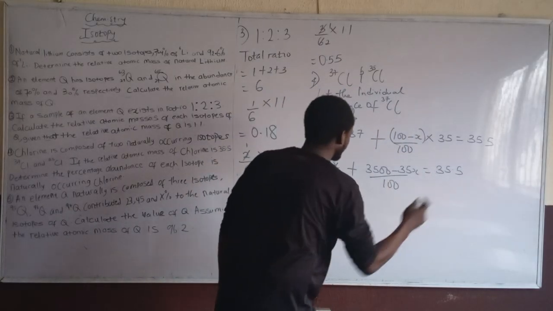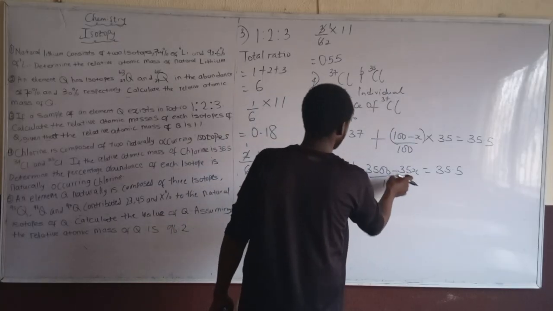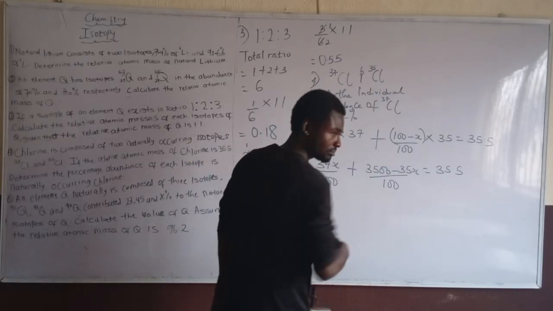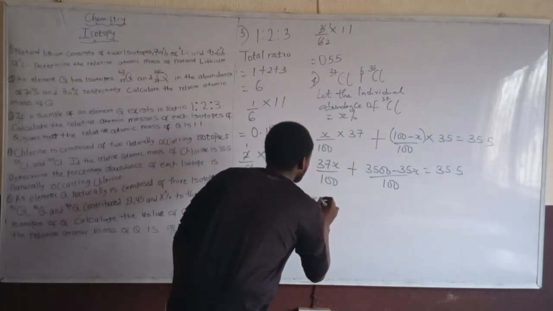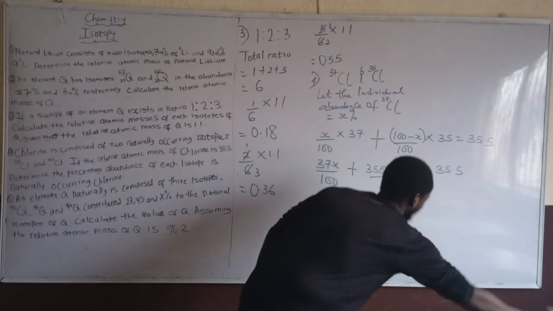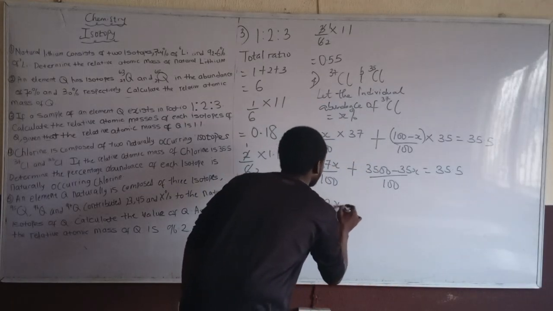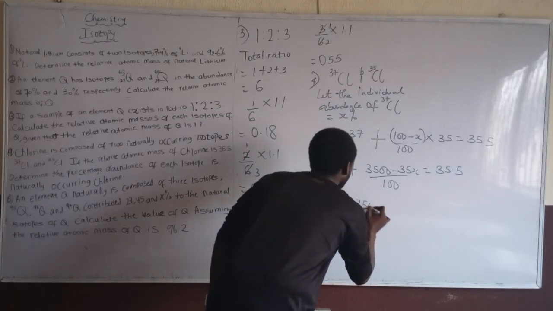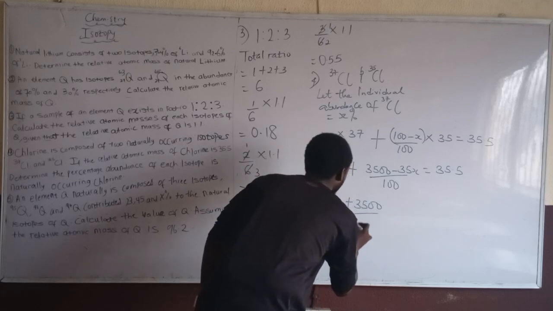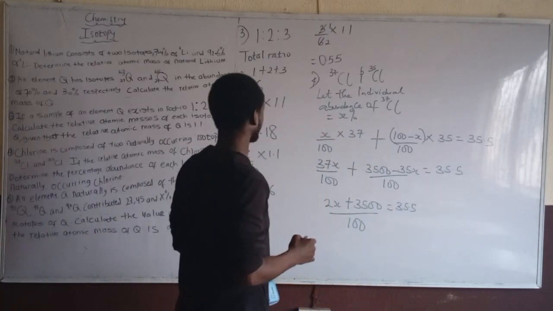So if I add up this is 37 minus 35, because there is plus times minus is minus. So here is 37 minus 35. Okay. Here is 2x plus 3,500 divided by 100 equals 35.5.